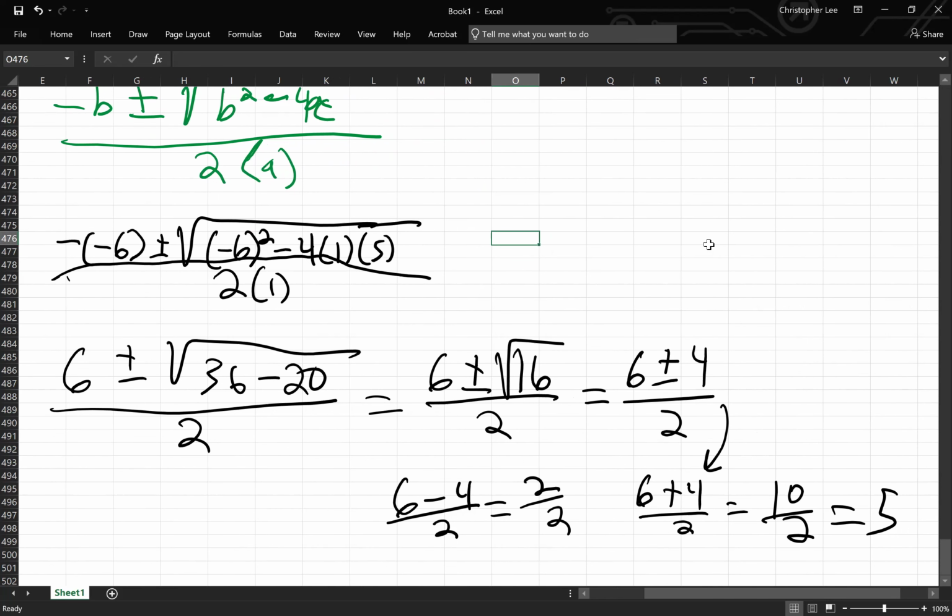Should have made this one, right? My fault. Minus. I have a one. Yeah, I put it on the left-hand side. Yeah, it's just one.